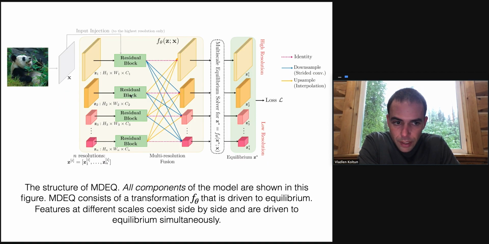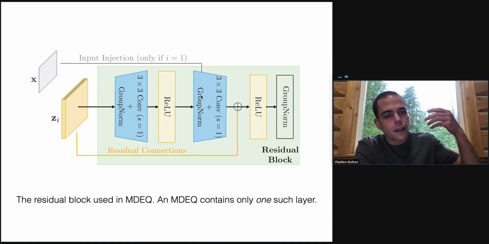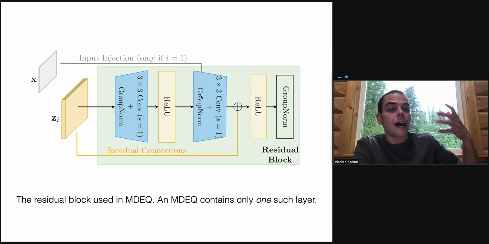So you saw these little residual blocks here at each resolution level. They're basically standard residual blocks, two applications of convolution with some nonlinearities and normalization. And in a couple of slides, you will see that we have a number of different Mdecks at different sizes. There is a small Mdeck, there's a large Mdeck.